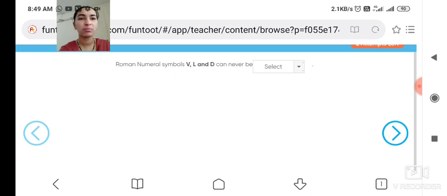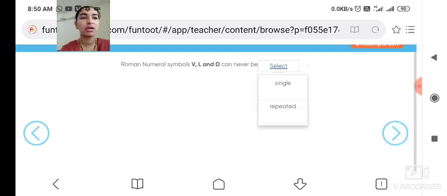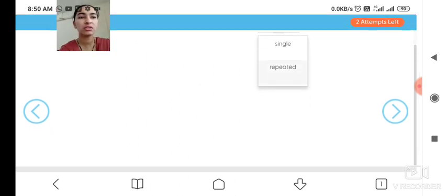Let's take another example. Roman numeral symbols V, L and D can never be dash. Yes, V stands for 5, L stands for 50 and D stands for 500. They cannot be repeated, or they can be single. Which one is the answer?